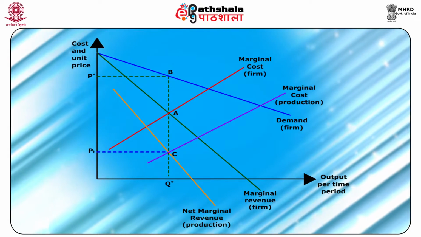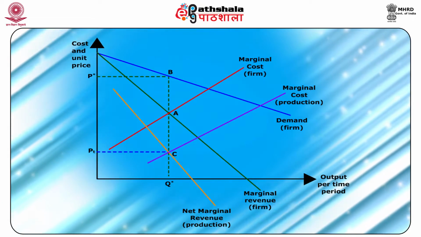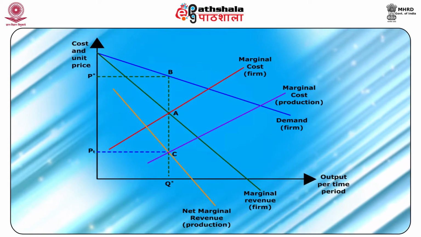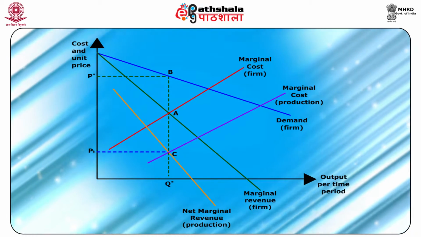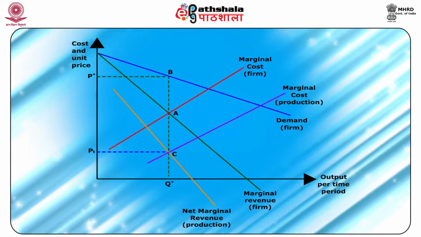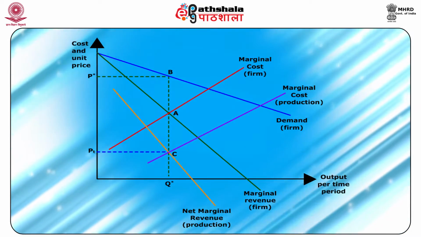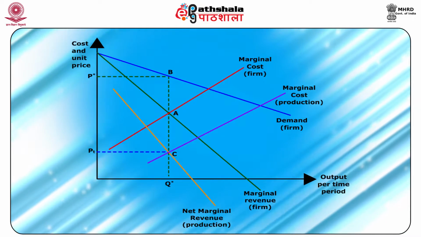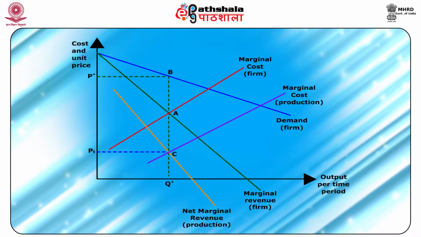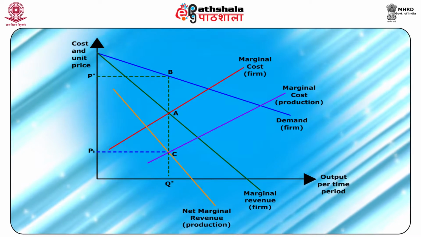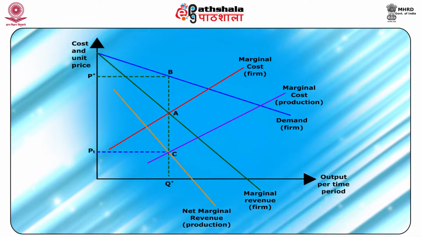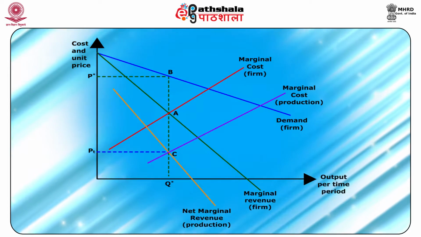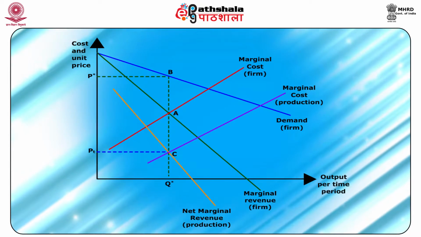It is the firm's marginal cost curve, and then we have a marginal cost of production which is lower, and which is the blue line, which is also upward sloping. The marginal revenue curve, on the other hand, lies below the demand curve or the AR function, as we know, and the marginal revenue curve of the firm is the black line.